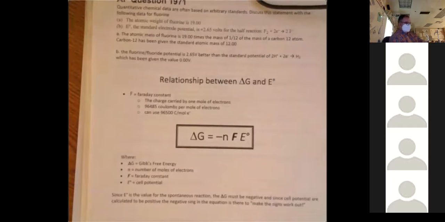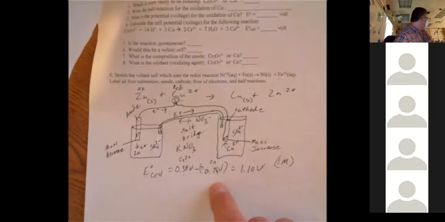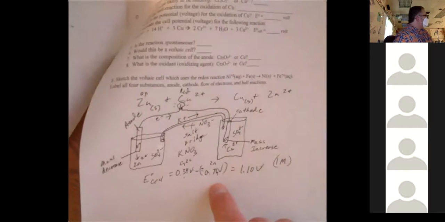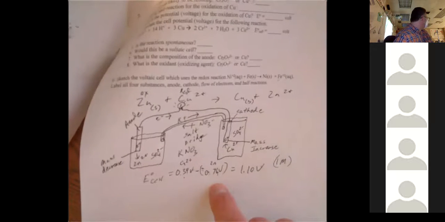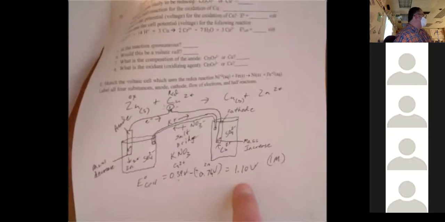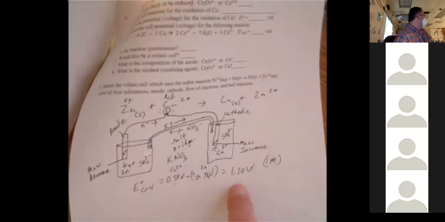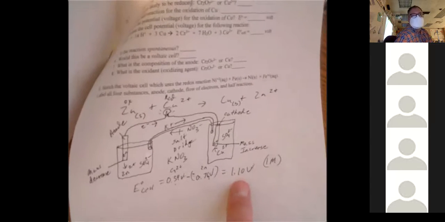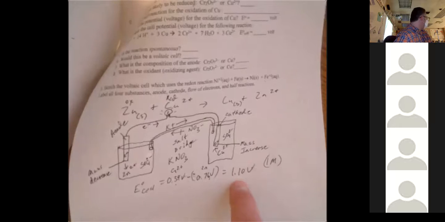That brings us back to Gibbs free energy. If we take a look here, we want to relate Gibbs free energy and voltage, cell potential. What is the Gibbs free energy of this guy right here? Is it positive or negative? It's negative if it is spontaneous, right? So Gibbs free energy here would be negative because we have a positive voltage going on.